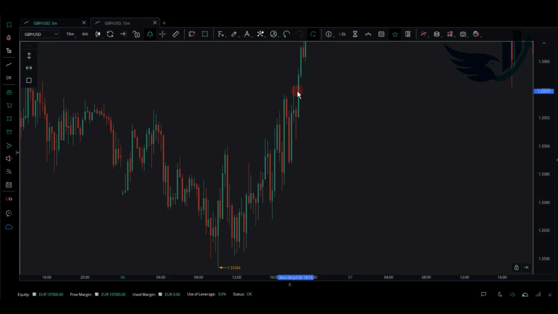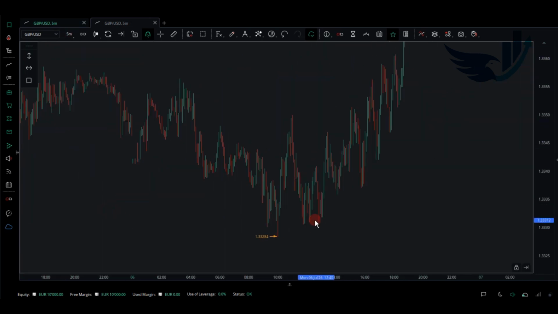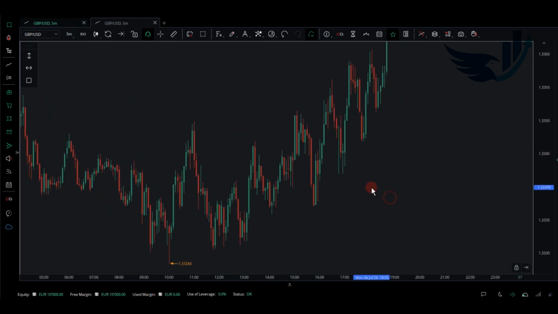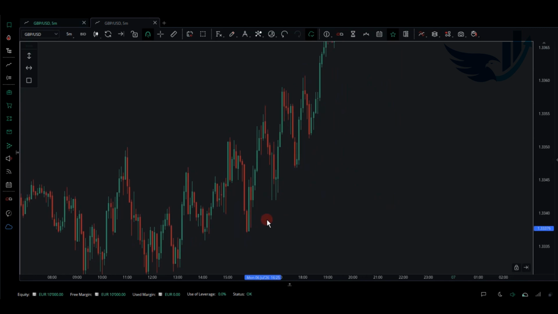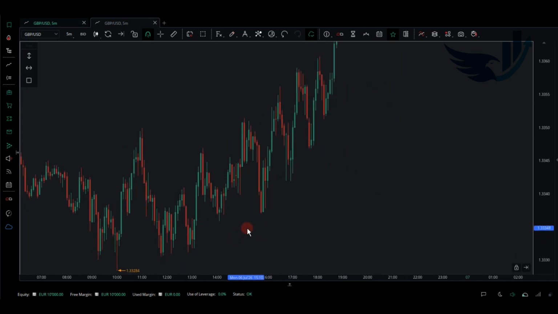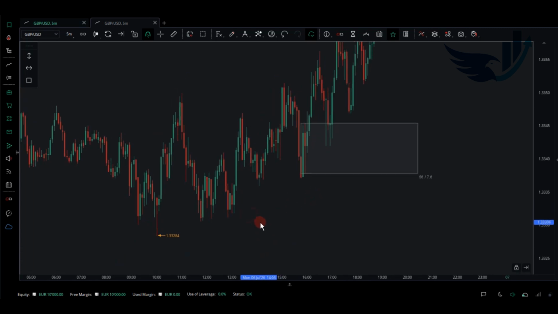Here, as you can see, we have a lot of pauses. Let's just change the time frame to 5 minutes chart. And from here, we have multiple options. I take this one as our first pause.